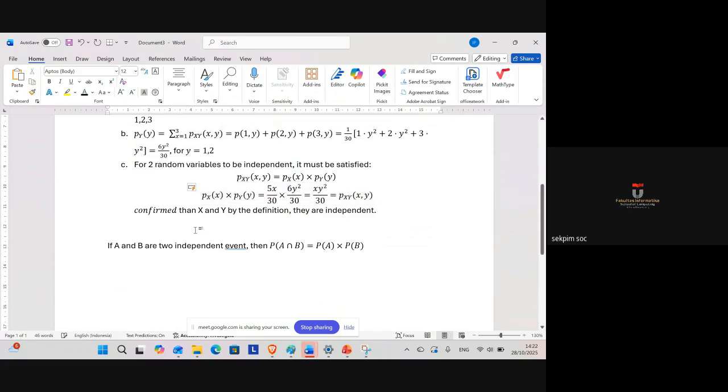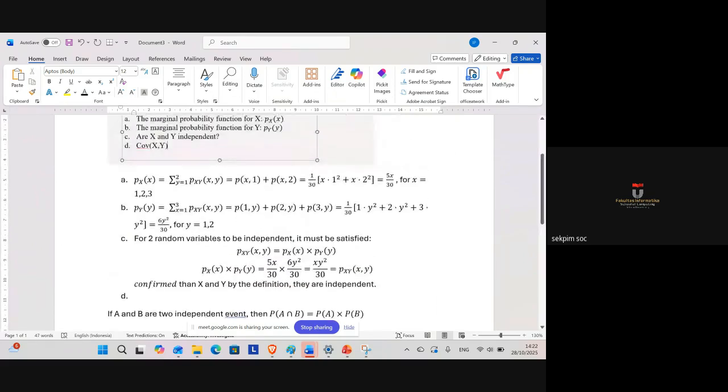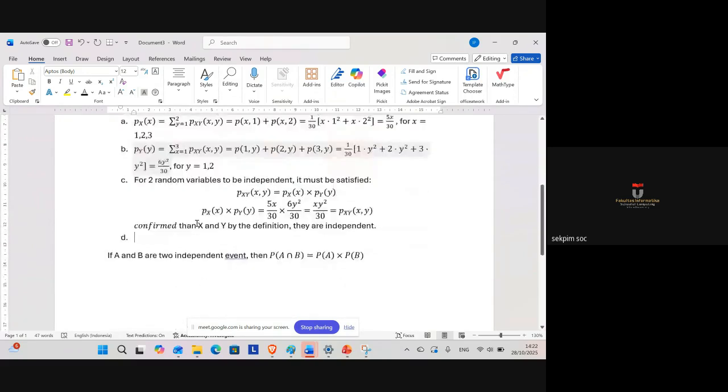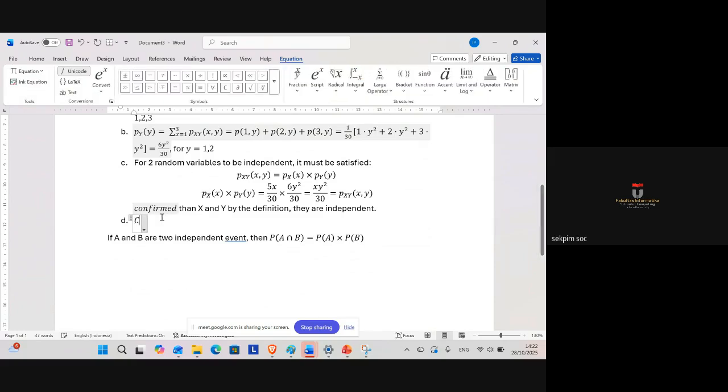Okay, and the next one is point B. We need to find the covariance of x and y. What is the formula?